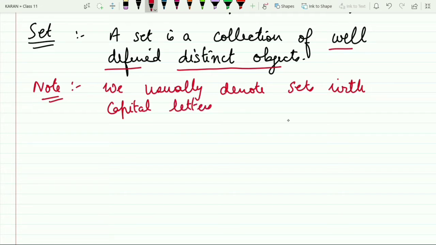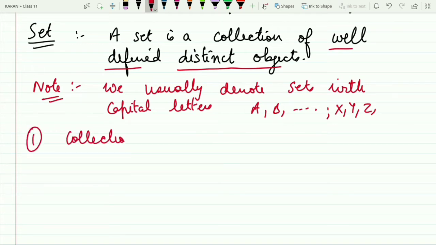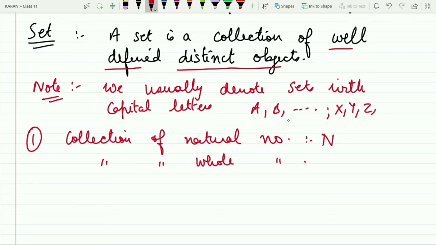For example, we will use capital A or capital B, or maybe any of X, Y, Z. For example, the collection of natural numbers is generally denoted with capital N. Similarly, the collection of whole numbers will be denoted by maybe W, and the collection of integers is denoted sometimes with Z or sometimes with I.